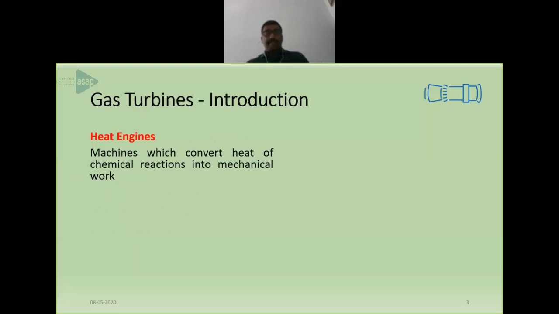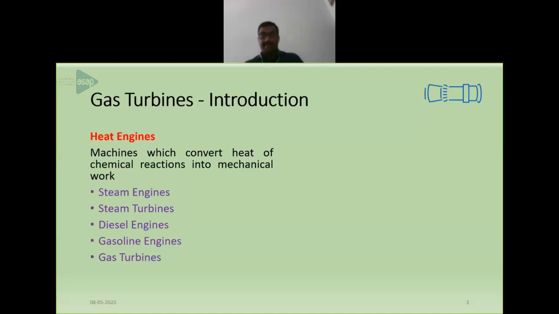We have discussed heat engines in many forms in thermal engineering. I think up to the 5th module, you have discussed different types of heat engines. The machines which convert heat of chemical reactions into mechanical work are known as heat engines.